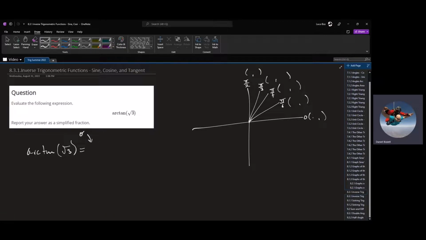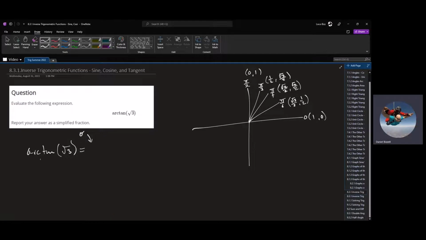All right, starting with our quadrantal angle at 0, we have 1, 0. Here we have square root of 3 over 2, 1 half. Square root of 2 over 2, square root of 2 over 2, 1 half, square root of 3 over 2, and then 0 and a 1.